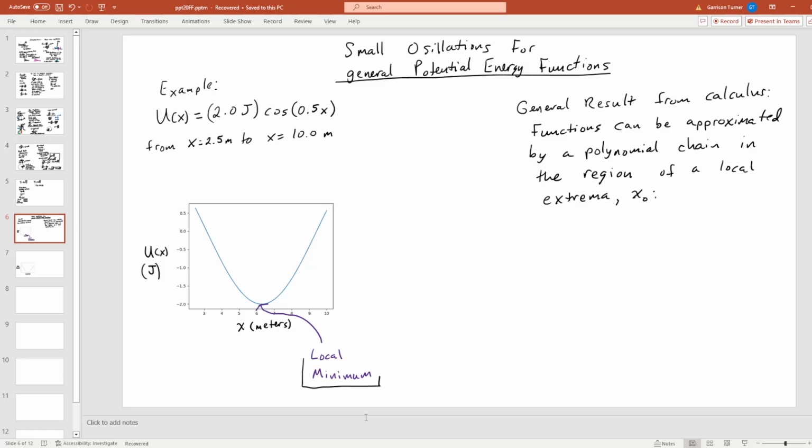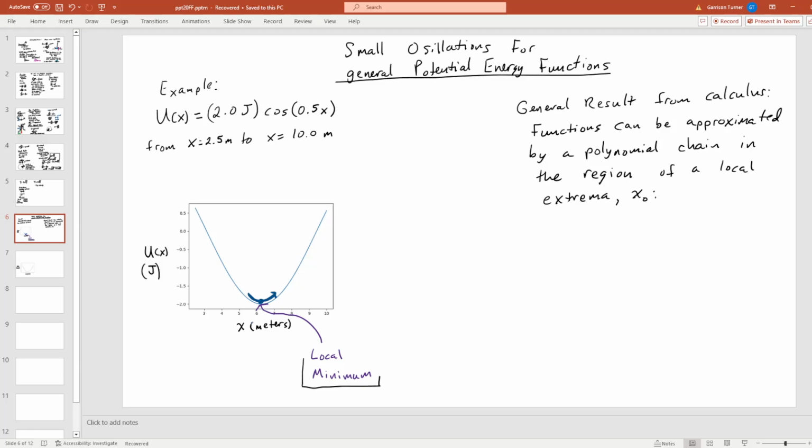As long as you have a local minimum, you have the potential for oscillations, because if I put a particle right at this minimum and then displace it slightly up the potential, then it'll just roll back and forth. And when I say roll back and forth, I mean in the potential energy space. It doesn't have to roll.